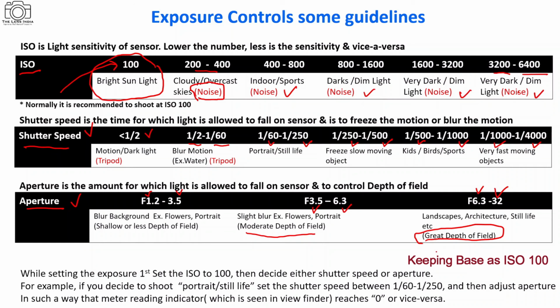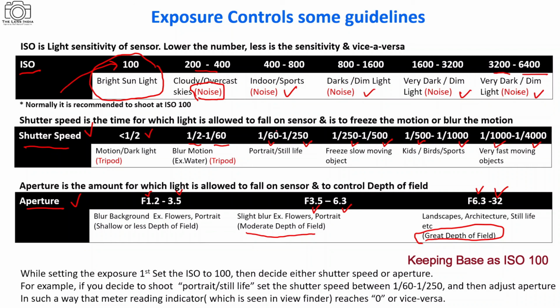Now, as I explained, for example, if I am shooting a portrait, I know the portrait is very still and is not going to move so fast. Almost the person is sitting on a chair. Probably he or she is moving slightly, but that is fine. They are still considered steady, as long as their movement is not too fast.